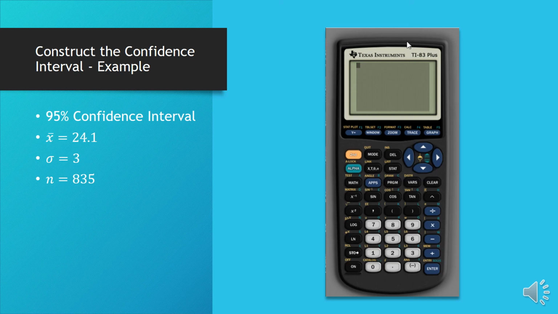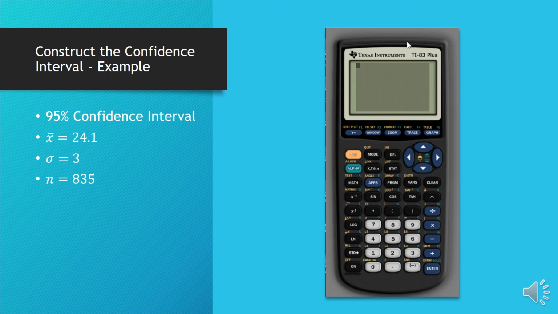You're going to use data if you're given a set of data. And if you were, I'll show you an example of this in the population proportion video, but you would have to go into your stat list and put it into your L1 list if you had a set of data. Now we're just given some stats, so we're going to scroll to the right and select stats, and then just hit enter.